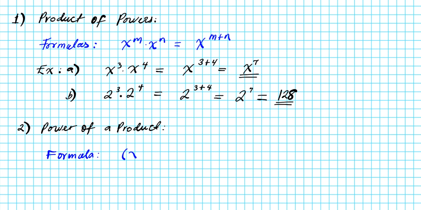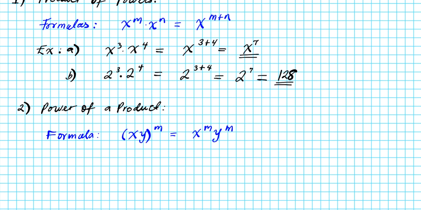If you have a product, let's say xy, where x and y are real numbers, raised to the m, where m is an integer, the power of a product property basically tells you that you can distribute the power to the existing powers of the factors in the product. Assume there's a 1 here and a 1 here as your existing powers, the default power if none is specified. You will end up with x to the m power times y to the m power.